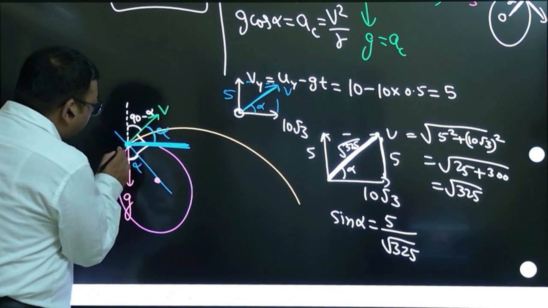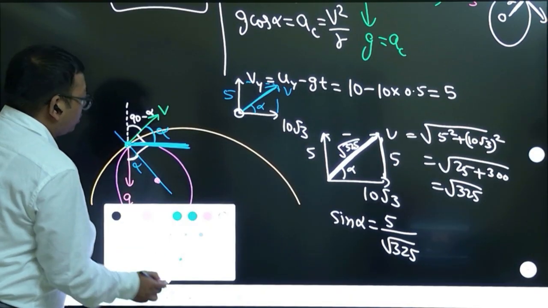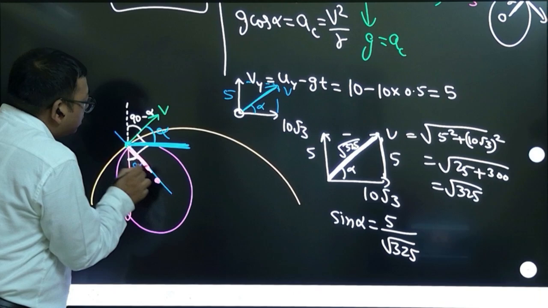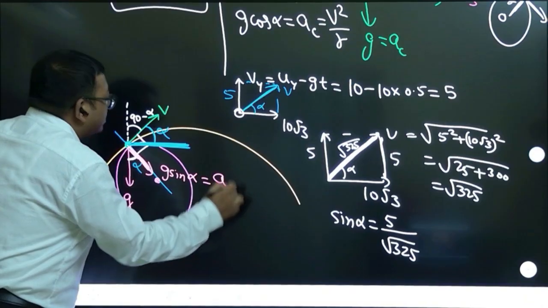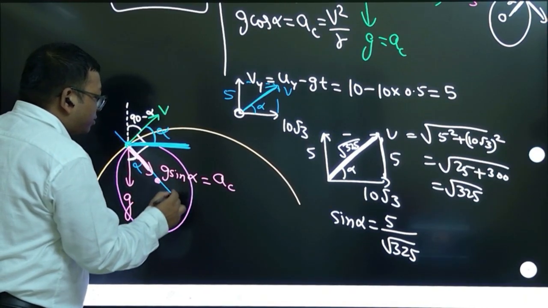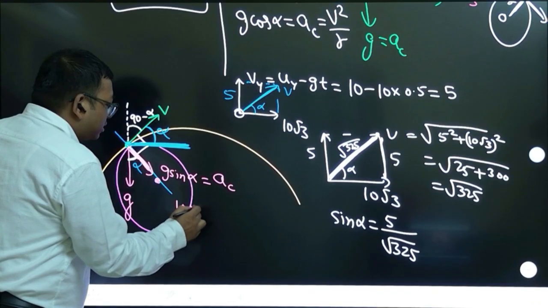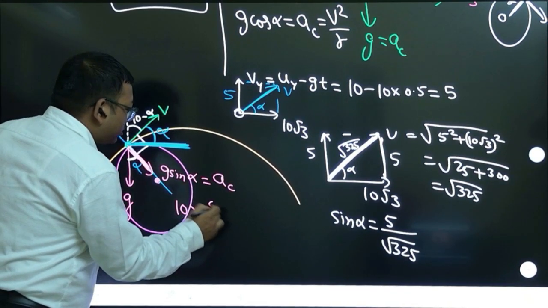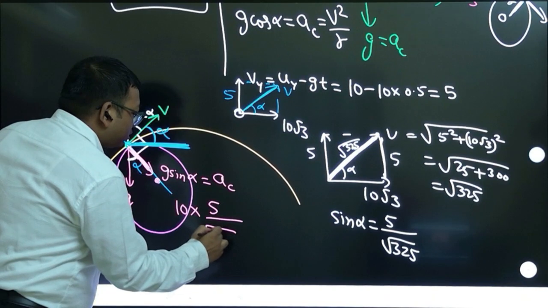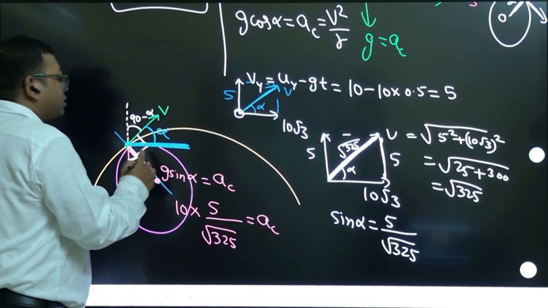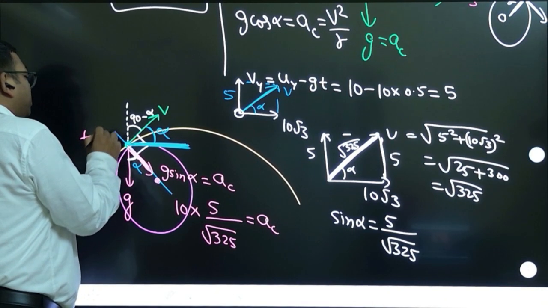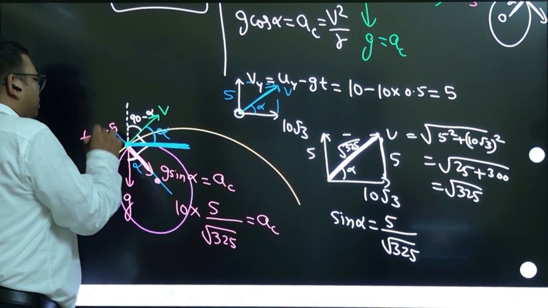So now you can take the component of g in this direction. This component of g is g sin alpha, and this is the centripetal acceleration, right? g is 10, and sin alpha we calculated as 5 by root 325. This is the centripetal acceleration at 0.5 second. Clear?